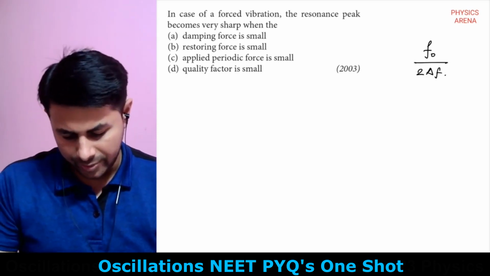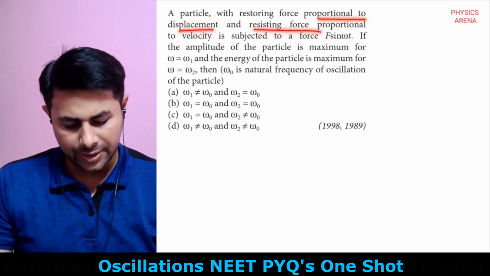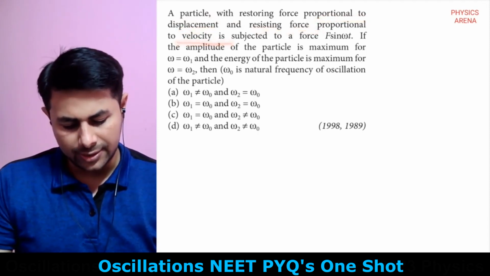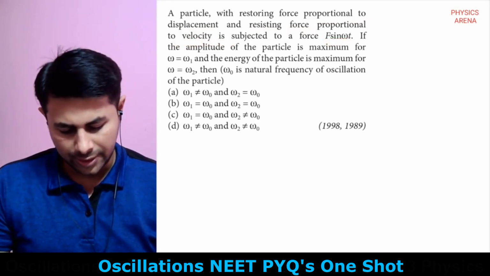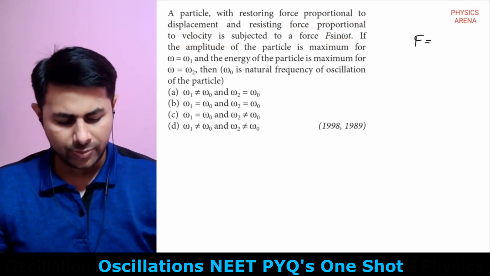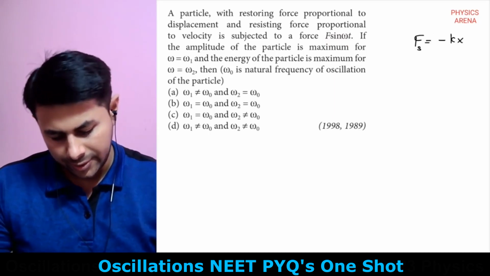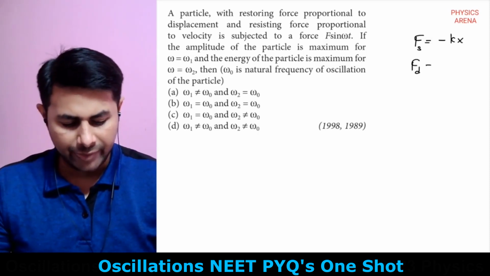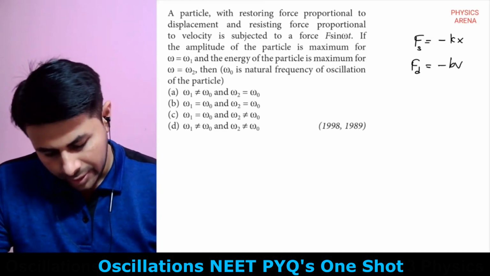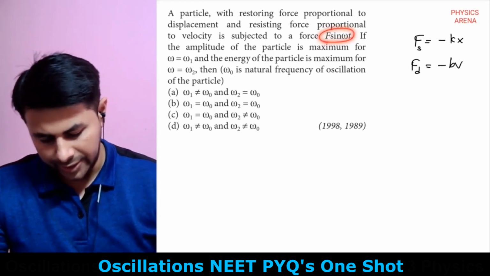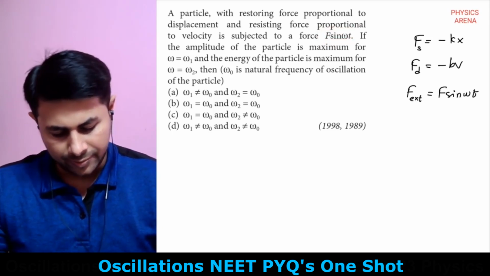A particle with restoring force proportional to displacement and resisting force proportional to velocity is subjected to a force F sine omega t, right? So there is restoring force proportional to displacement, that is minus kx, and resisting force, which is damping force, proportional to velocity, minus bv. It is subjected to this external periodic force F sine omega t.